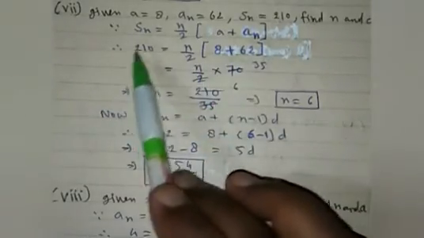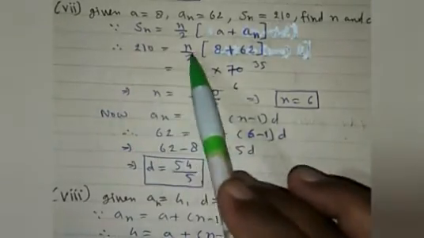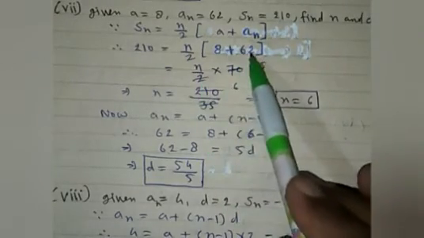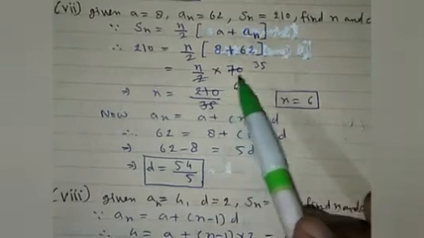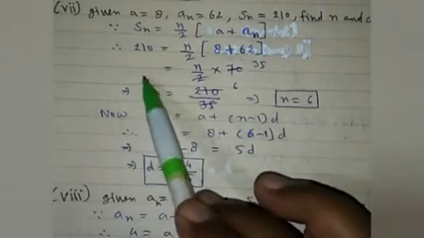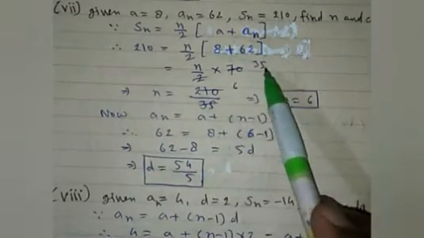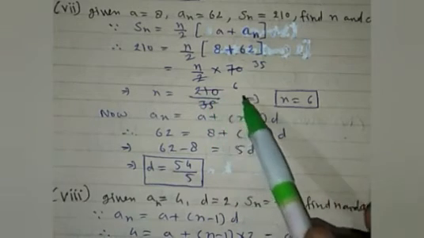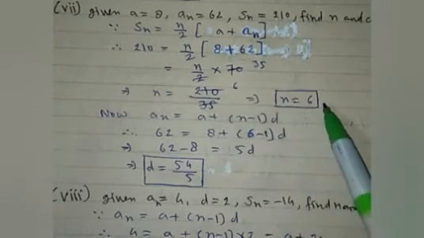So 210 is equal to n by 2 into (8 plus 62), and 62 plus 8 is 70. Dividing by 2 gives 35, so 210 is equal to 35 into n. So n is equal to 210 divided by 35. On dividing, you will get 6. So n is equal to 6.